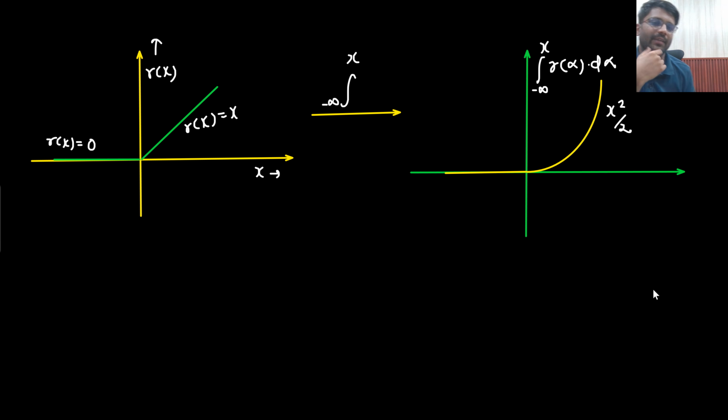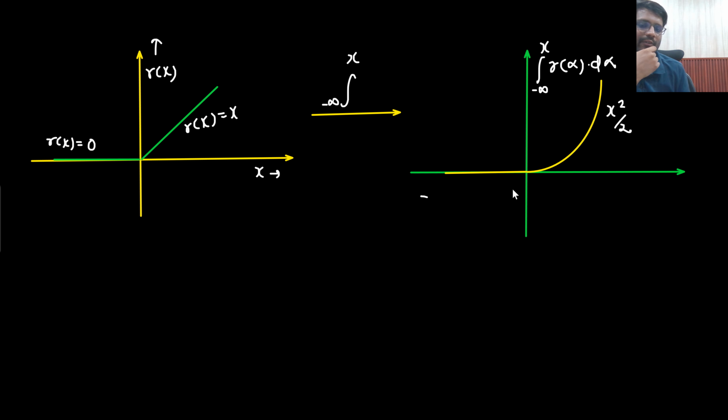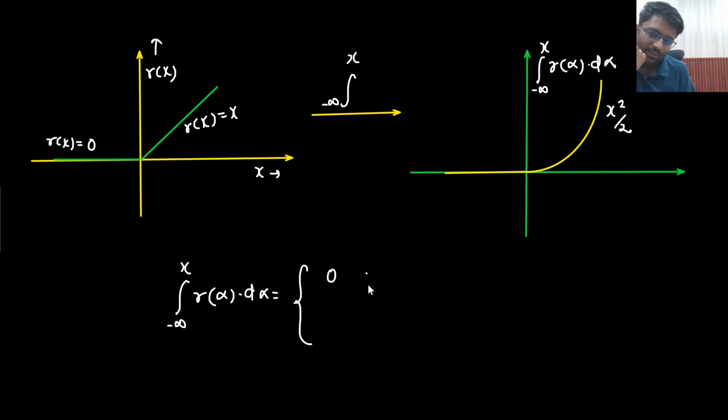This is the integration that I am showing. Understandable? So the integration will become x square by 2 for x greater than 0. For x less than 0, the value will be 0 only. So the integral from minus infinity to x of r(alpha) d alpha is 0 if x is less than 0, and if x is greater than or equal to 0, the result is x square by 2.